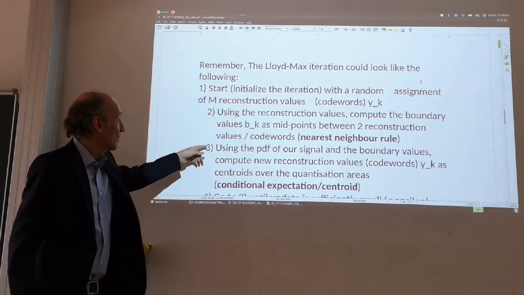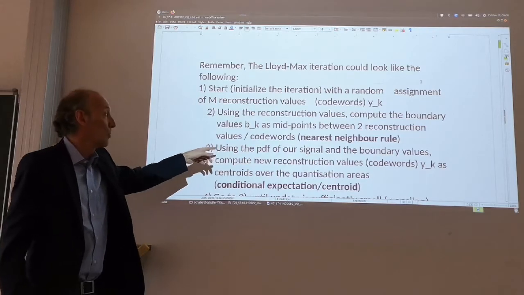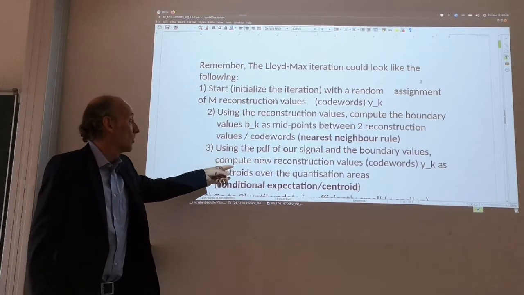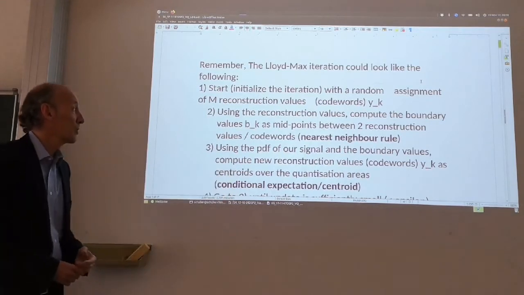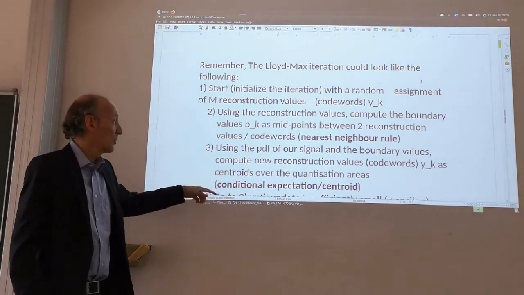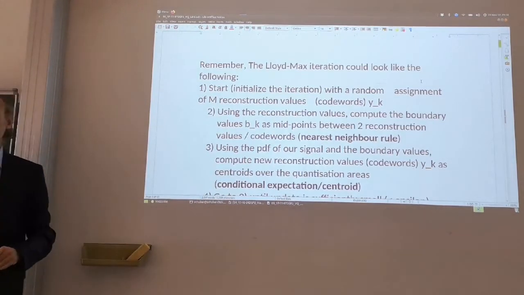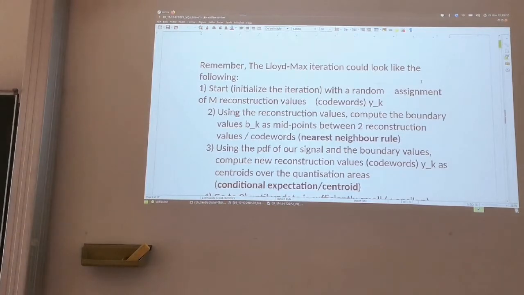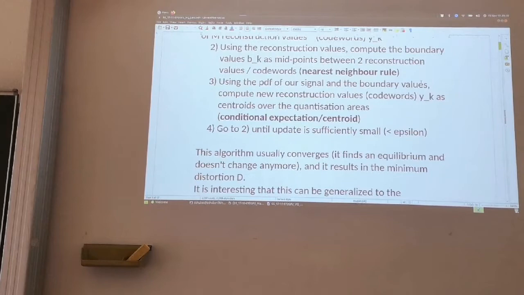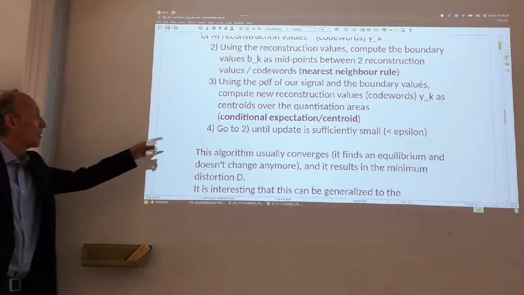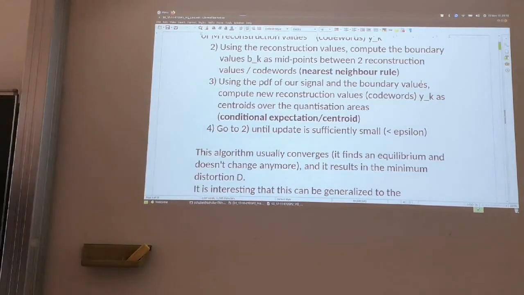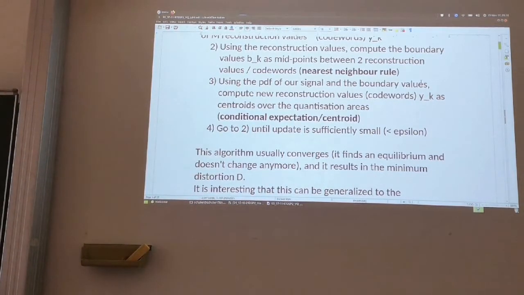And then the third step was using the PDF, the probability distribution of our signal, and the boundary values. We can compute new reconstruction values or code words as centroids over the quantization regions. So this is the conditional expectation, the centroid of the reconstruction value. Now we can repeat this until the update is smaller than some desired small threshold.